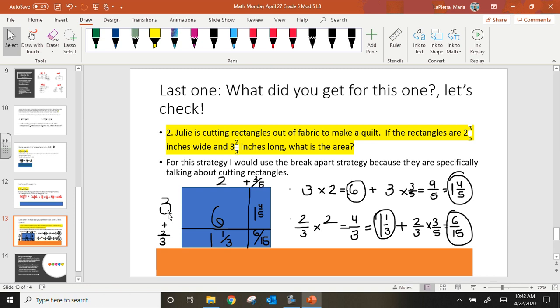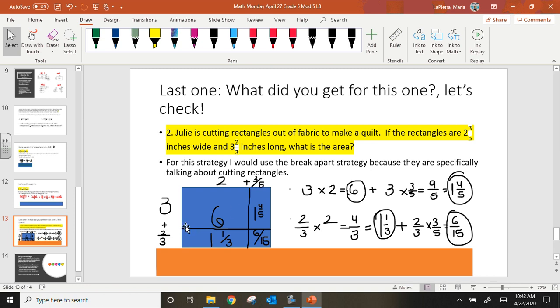Okay, so 3 times 2 is 6, and 3 times 3 over 5, shown right here how to do that, should be 3 times 3 is 9, over 5, 9 over 5, which gives us 1 and 4/5. So those are my first 2 factors.